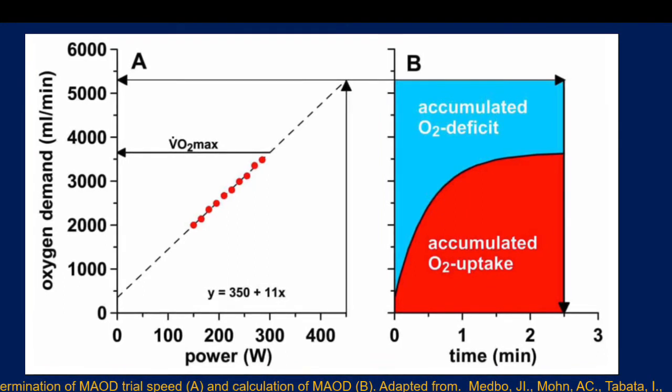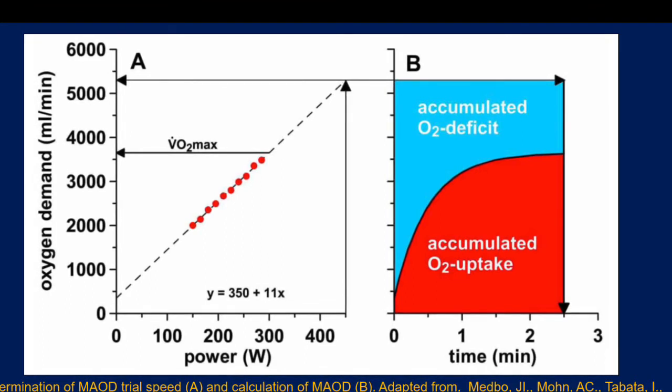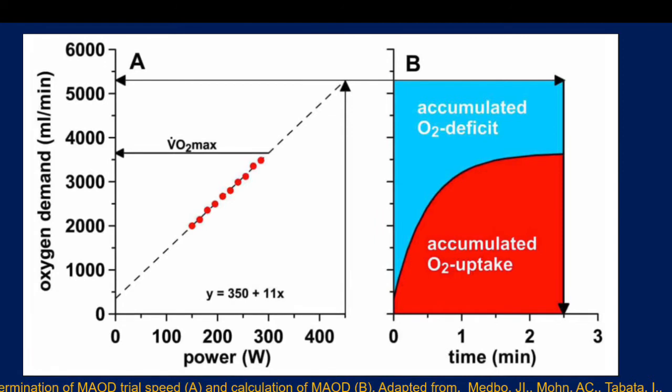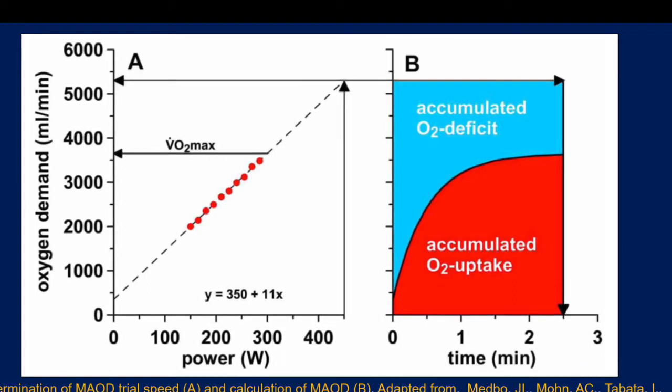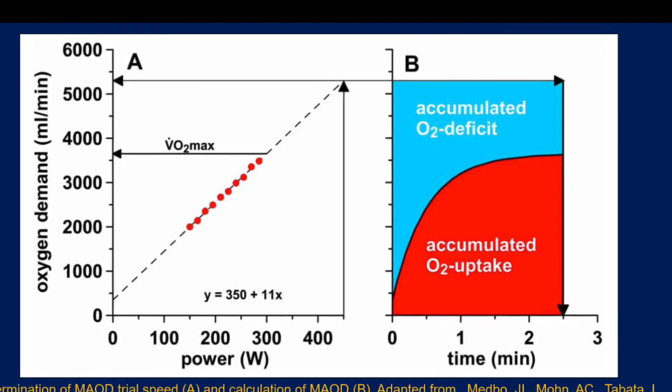The second limitation lies in the fact that we've got to actually estimate the VO2 max. That in itself doesn't seem to be a major issue, but there are huge confounding issues in estimating VO2 max. There are numerous studies that have shown that identifying VO2 max is limited by the way in which we classify a maximal effort. Do we use a plateau criteria?